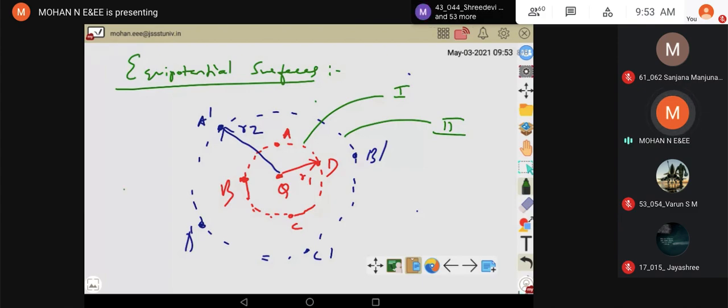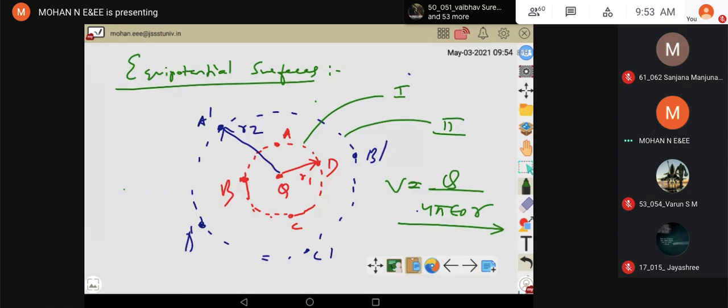Okay, so what happens to the potential as you move away from the charges? We just use that expression, V is equal to Q by 4 pi epsilon naught R. So when you move away from the charge, the potential decreases. The distance increases, the potential decreases.